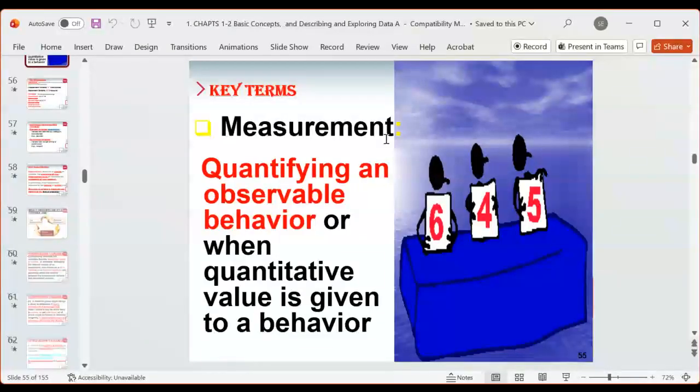Or any other test that you will be using, you need to know about its reliability and validity. If those tests are not reliable and valid, your whole research will be unreliable and invalid. You don't want that. So make sure you select a reliable and valid test.